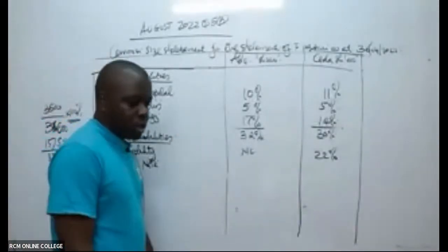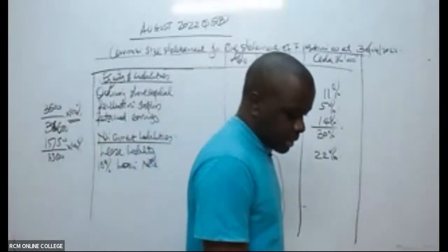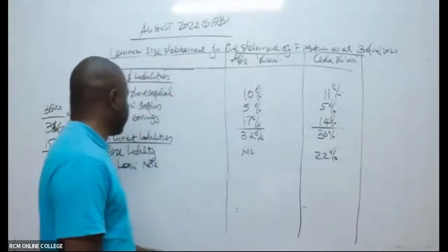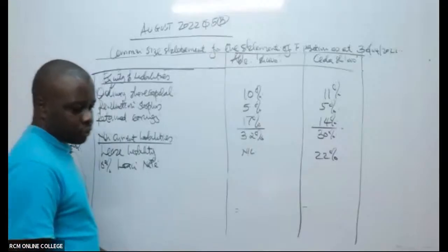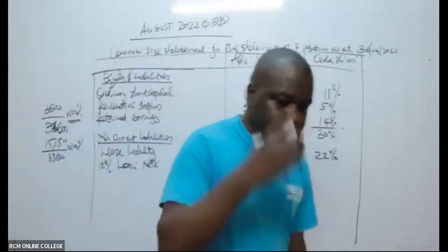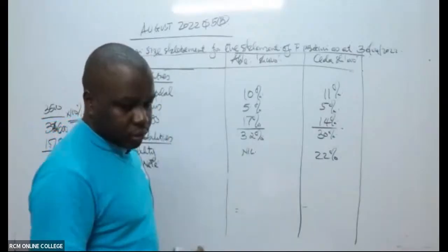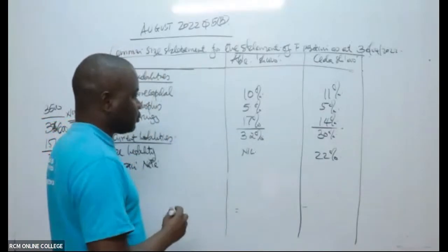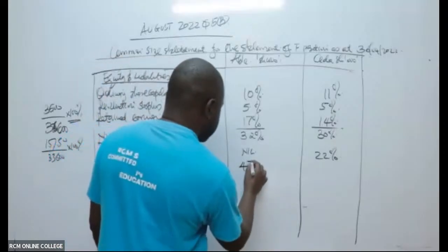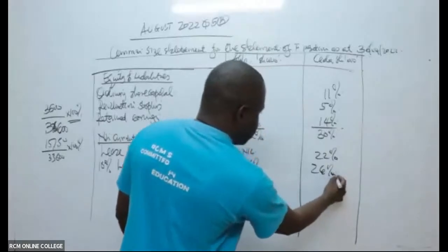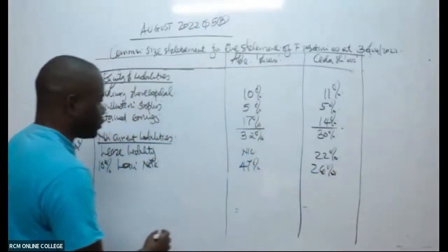Then for the other one, it is 17,500 divided by the same amount, the total assets, that is 66,500. So 46.9 and 26.3. So that is 47% and 26%. Then I think those are the only items.